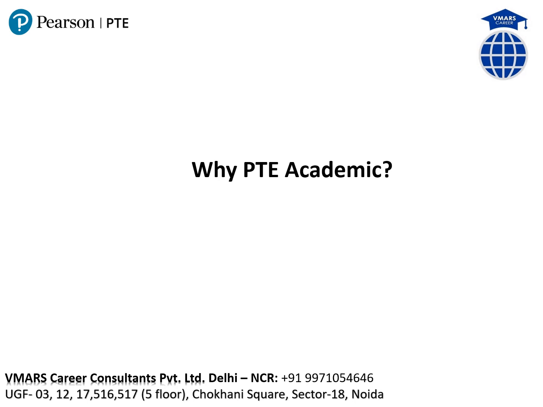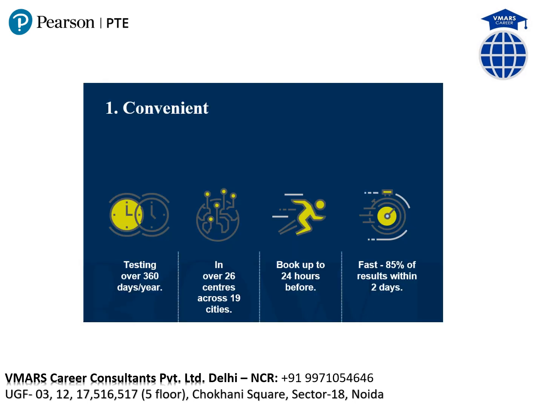Why one should take PTE Academic? Let's understand this now. It is quite convenient. It has tests 360 days a year. The test dates are there 360 days a year in over 26 centers across 19 cities.